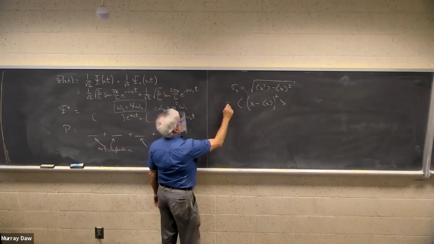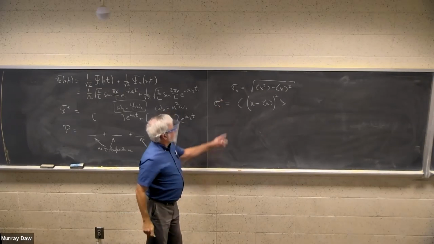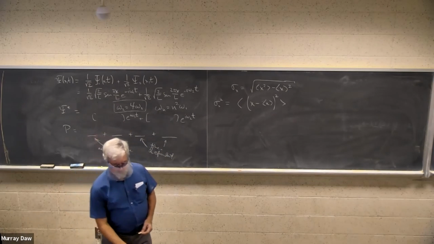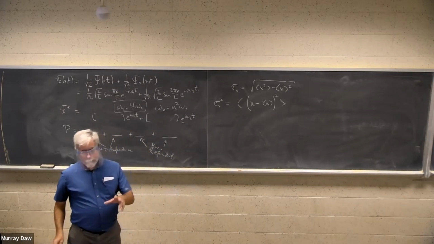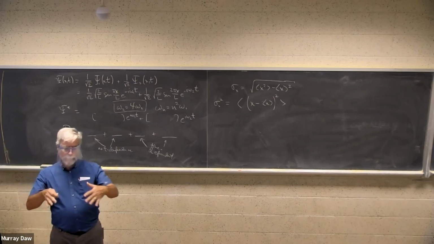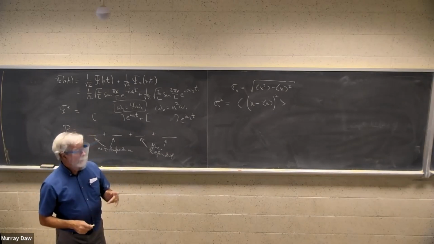This is sigma squared. Subscript x, because there's a standard deviation for anything measured. So this is the standard deviation for x. It is a measure of the width of the distribution. Not the only measure of the width of the distribution, but it gives you an idea about how broad the distribution is in x around the average.